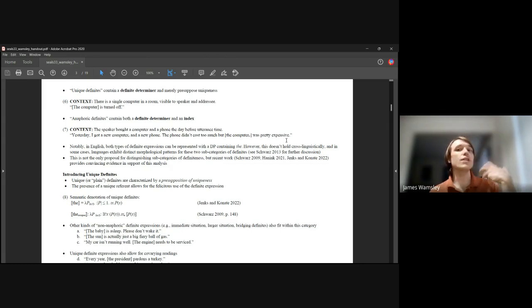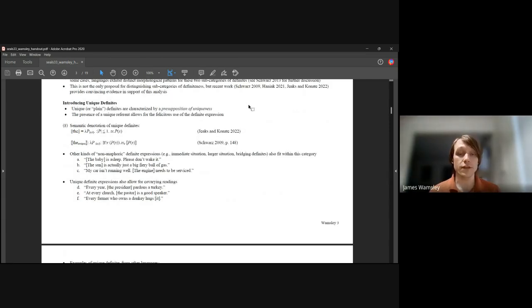So we have a unique definite, the computer, and an anaphoric definite, also the computer. However, the research that is cited above finds that this does not hold cross-linguistically, and in some cases, languages have distinct morphological patterns to encode these two subcategories of definites.